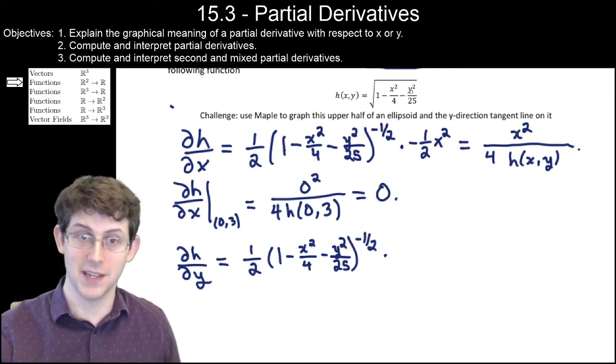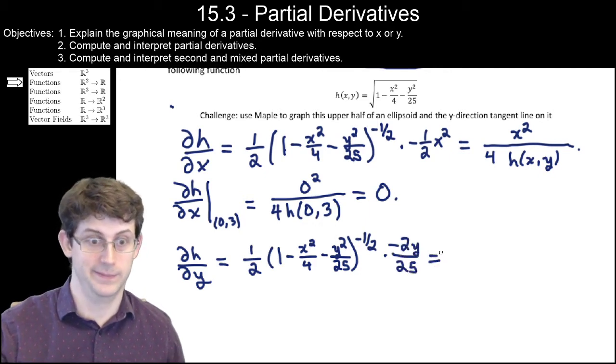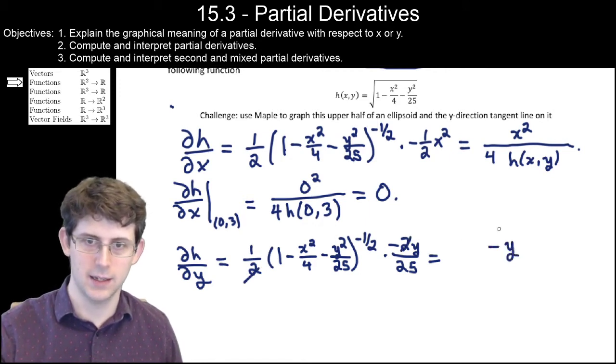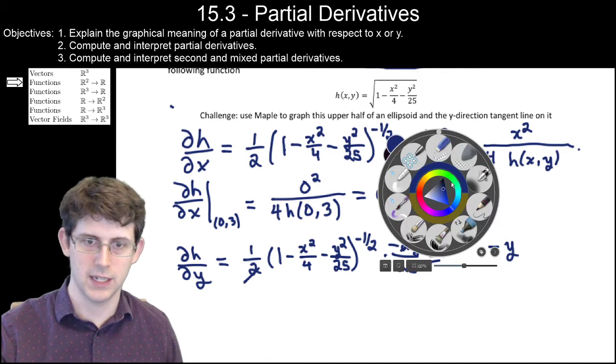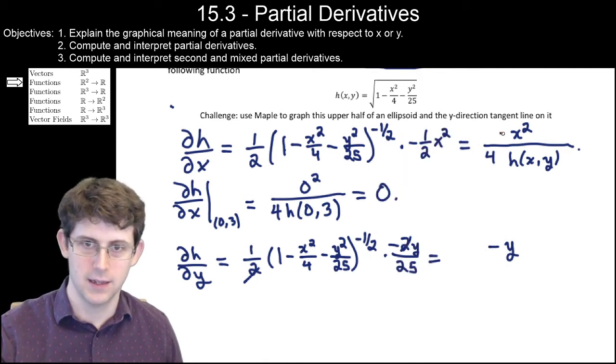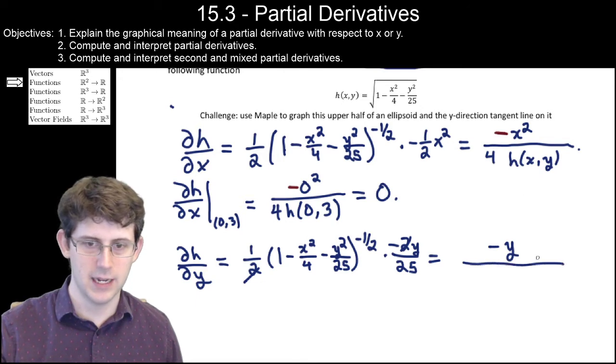So now the derivative of the inside function is minus 2y over 25. The 2's cancel. I end up with minus y. Uh-oh. Looks like I made a mistake up there. I dropped this minus sign. Okay, minus y over 25h of xy.